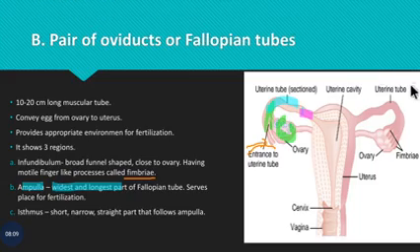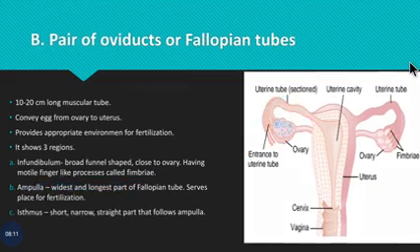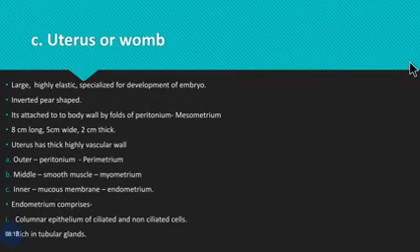Now we are going to discuss the uterus or the womb. The diagram is in the incoming slide. As we know, the uterus is highly elastic, large and specialized for the development of the embryo, and it is inverted pear shaped.